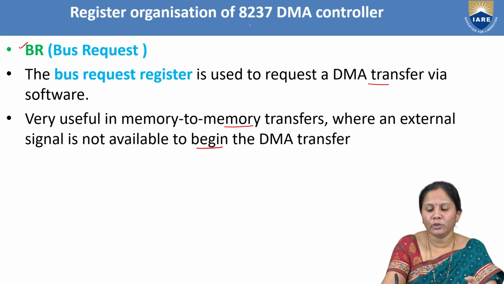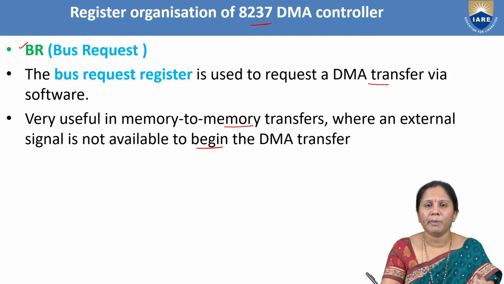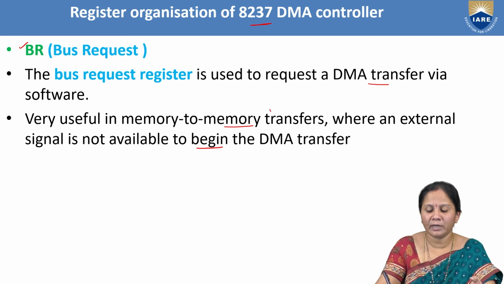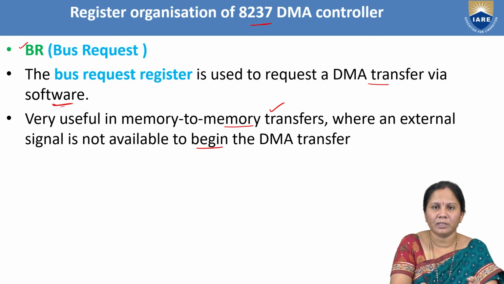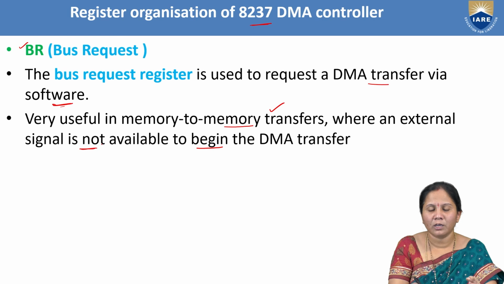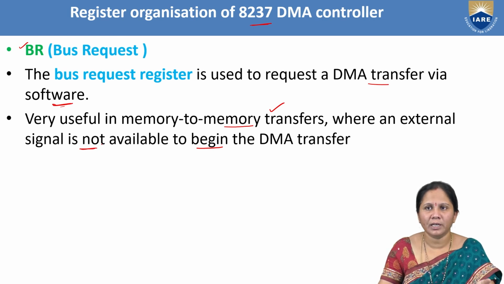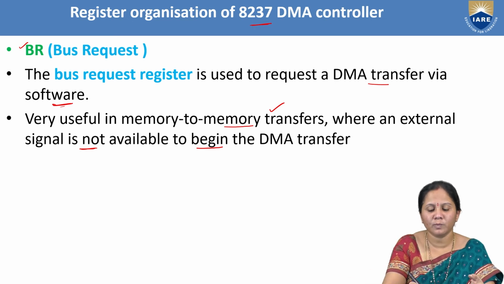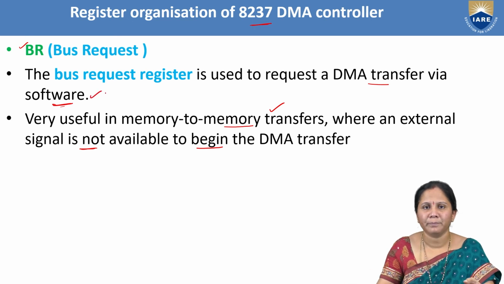In this 8237 DMA controller, memory to memory data transfer is possible. This can be achieved by using software, that is by using instructions, because there is no special signal external to this DMA controller to perform the data transfer between memory and memory. So it is possible only with this software.